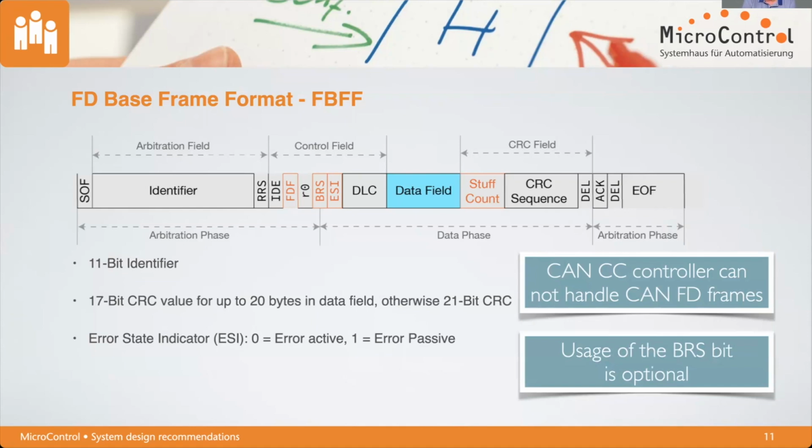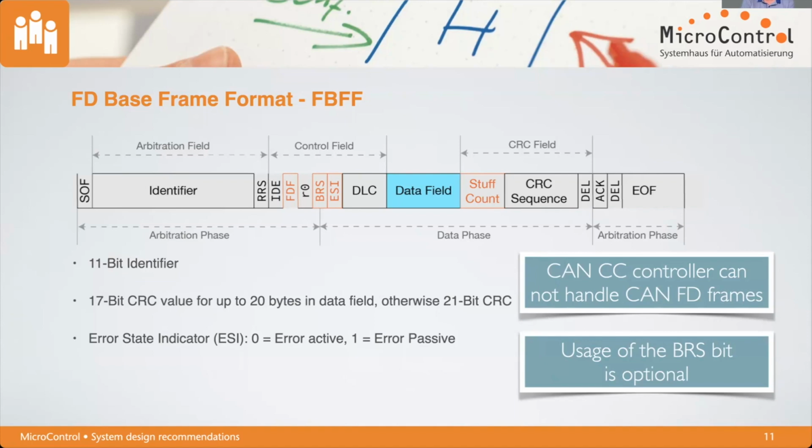We come later to why it might be worth thinking about not using bitrate switching. I'm just saying that because if you open the CiA 13.1 and see the bit timing tables printed in the specification, you might think that we want to force you to use bitrate switching and a higher bitrate in the data phase.